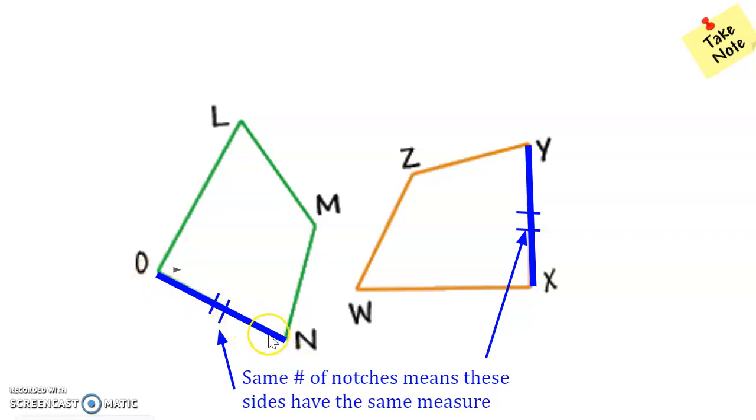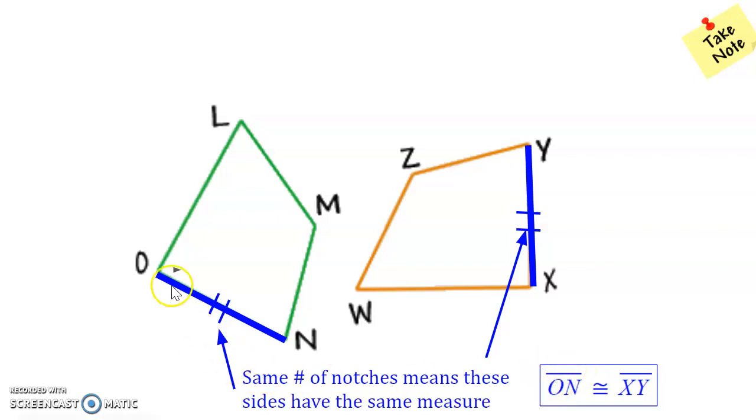In between O and N is the line that is congruent. So we use two letters to indicate a line segment, the starting point letter and the ending point letter. So that's going to be ON with a line on the top.